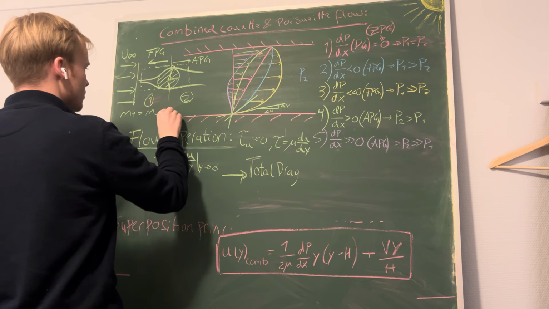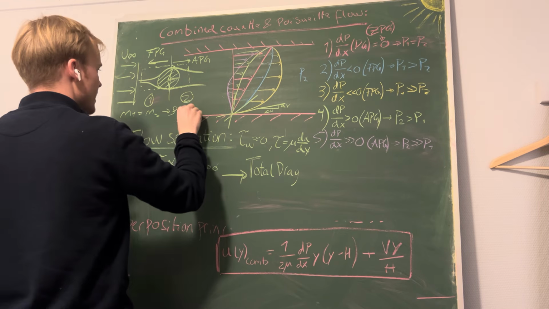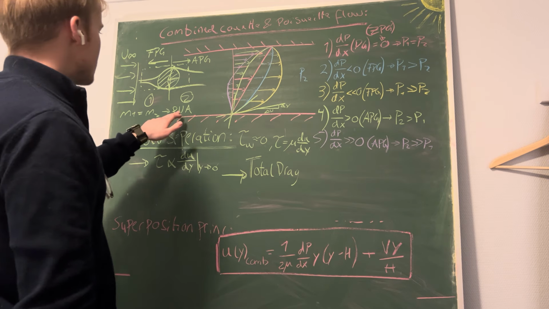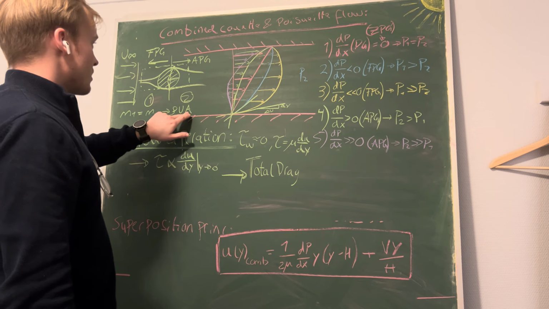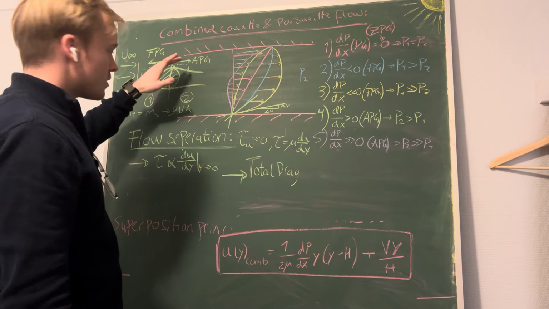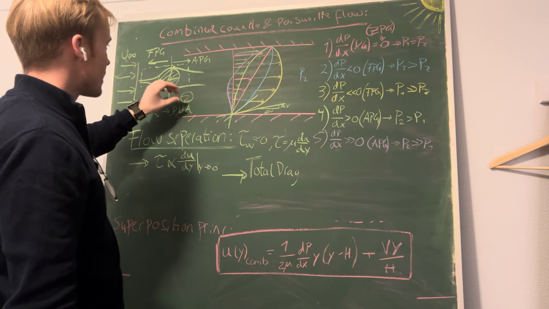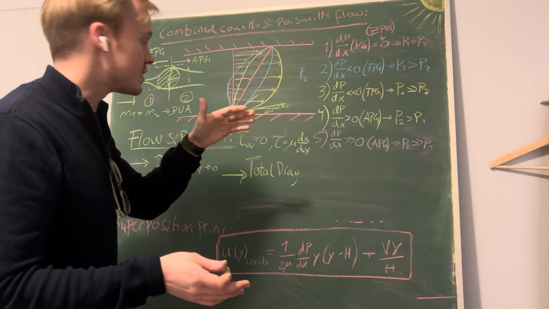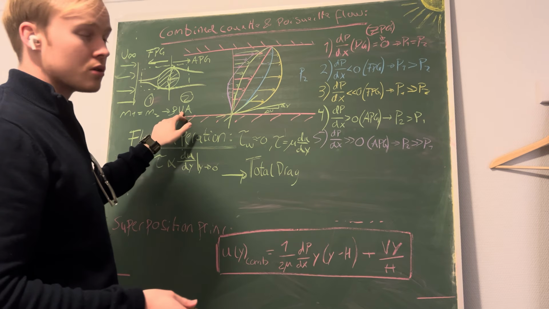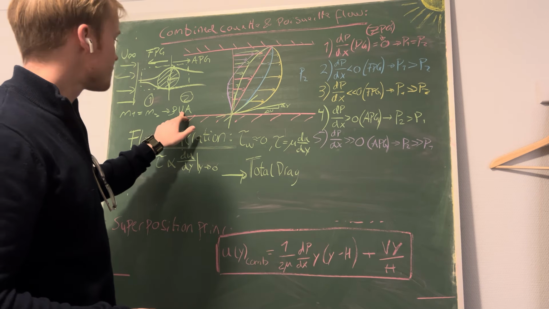And we know that mass flow is rho u A. So when there is an area increase, the pressure increases, but the velocity goes down, right?